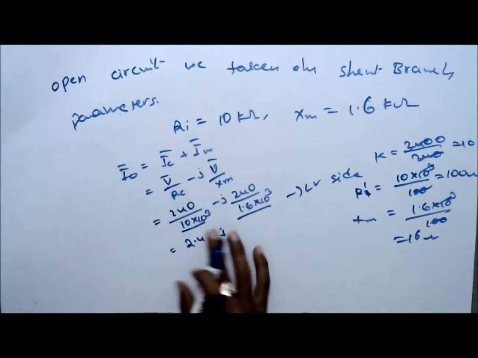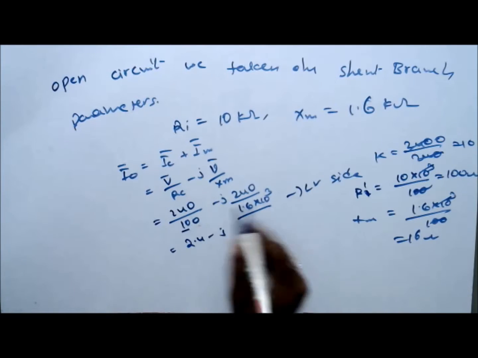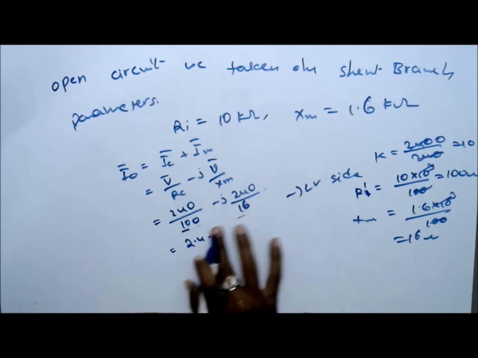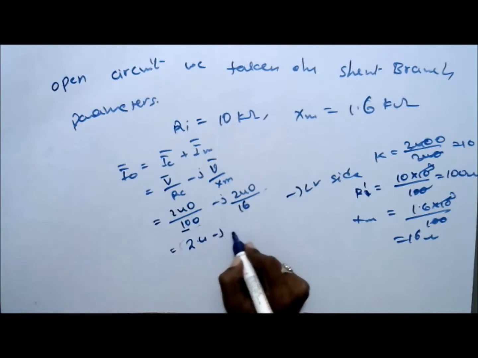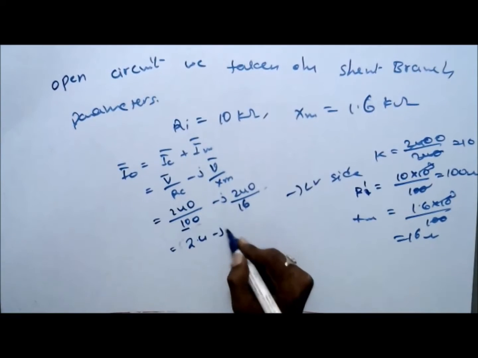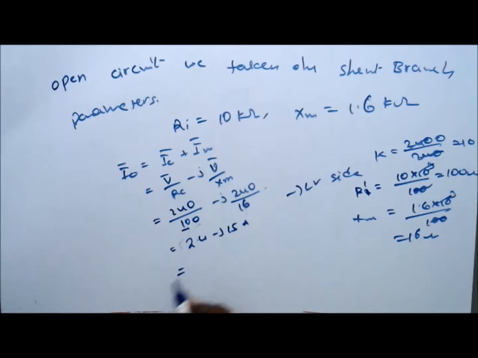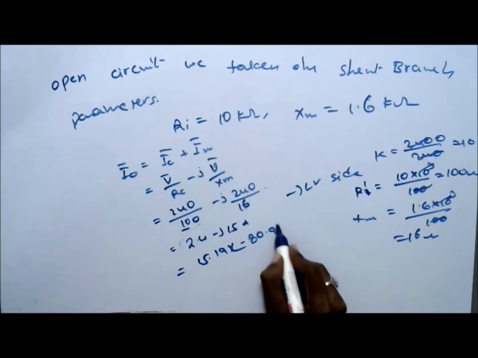So here we get 100 ohms, here also 16 ohms. So the current is 2.4 minus j into 15 amps. If you write this in polar form, you will get 15.191 at an angle of minus 80.91 degrees.